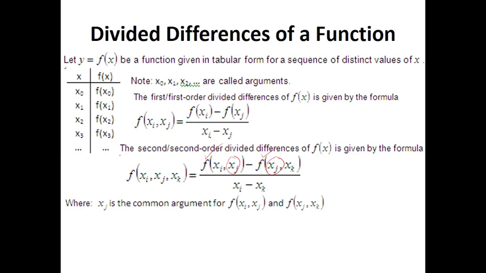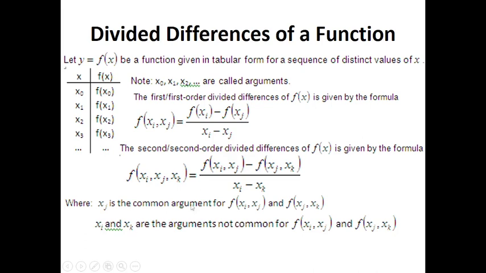And then we have here x sub i and x sub k. So x sub i and x sub k are the arguments not common for the two first order divided differences of f, that is f of x sub i, x sub j, and f of x sub j, x sub k.